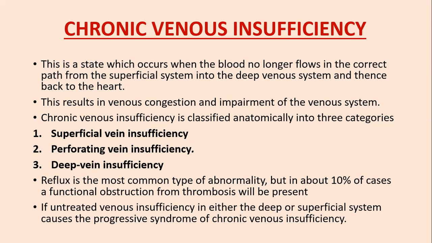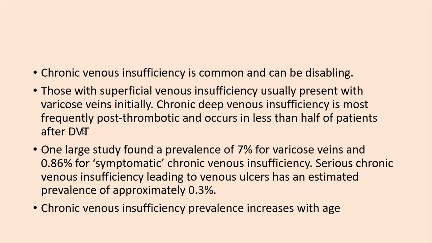Reflux is the most common type of abnormality, but in about 10% of the cases, a functional obstruction from thrombosis will be present. If untreated, the venous insufficiency in either the deep or superficial systems causes progressive syndrome of chronic venous insufficiency.